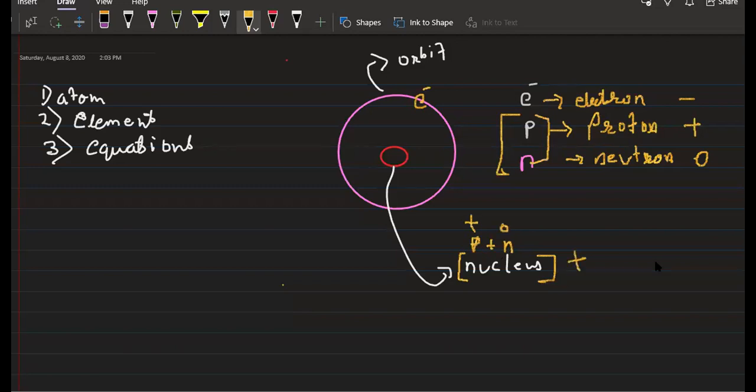So I can say that the total charge of the nucleus should be positive, which is just the charge of the protons. Got it, everyone? Tell me yes or no. Just raise your hand if you understood everything.